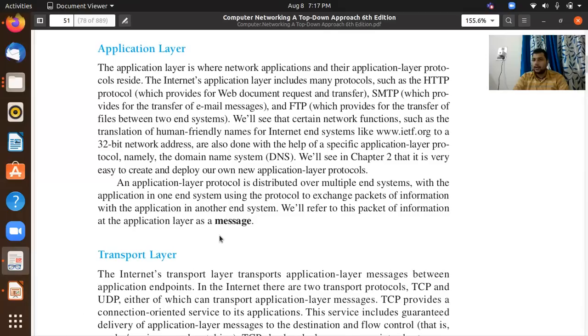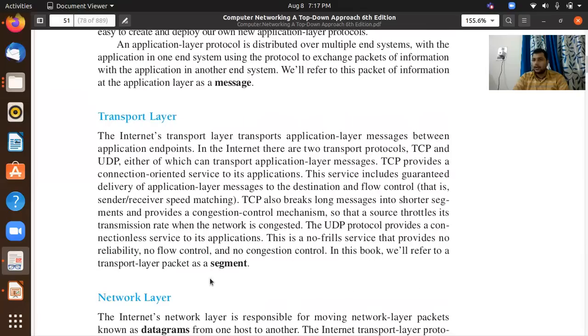Then comes the transport layer. The job of the transport layer is providing process to process communication, or application to application communication, end to end. The implementation of both these layers takes place only at the end nodes, because end nodes want to communicate.